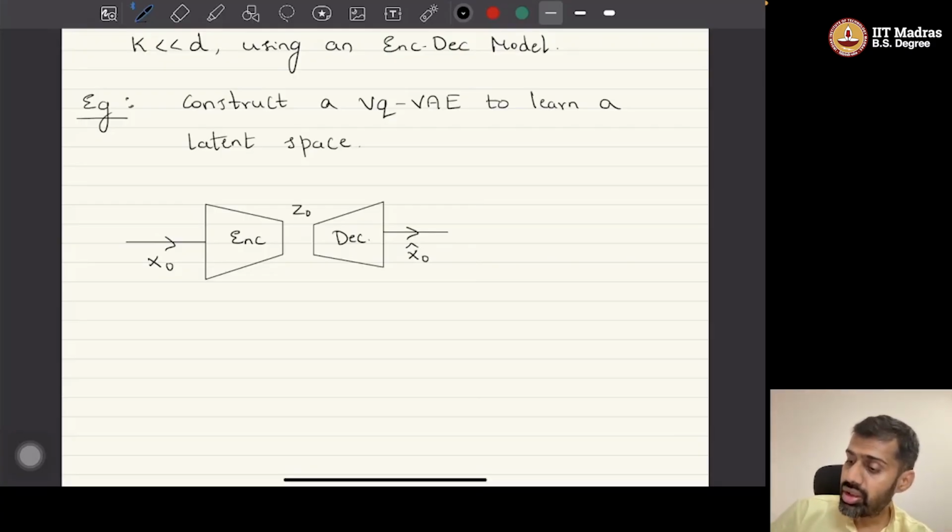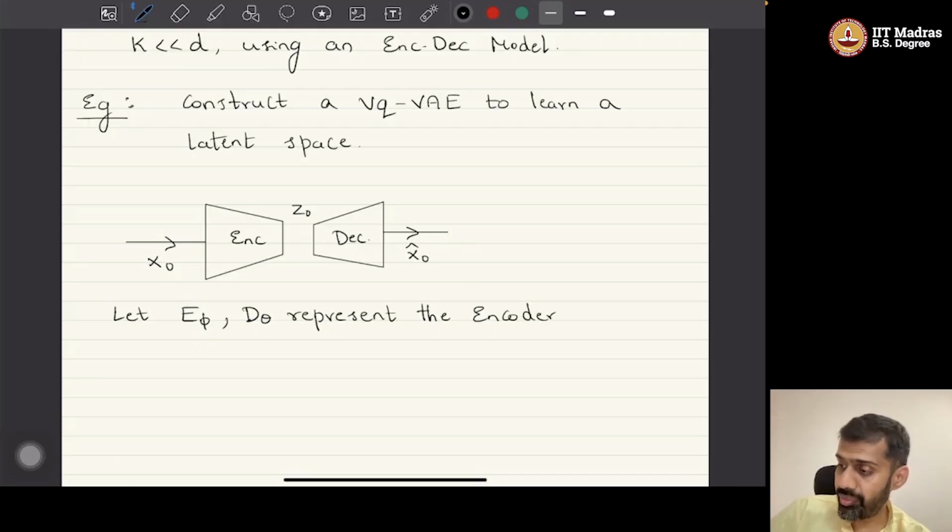So let E phi and D theta represent the encoder and decoder functions respectively. These are pre-trained encoder and decoder functions.